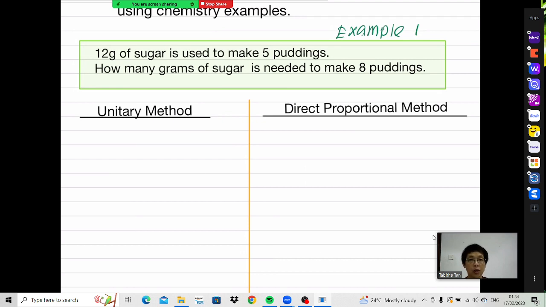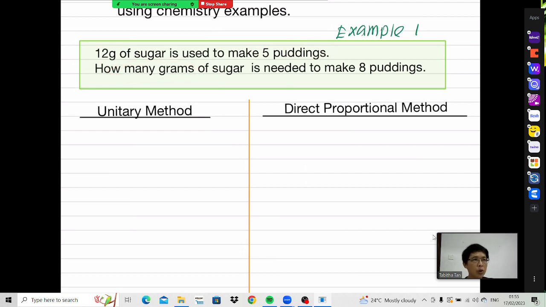No pressure, just take your time to observe and choose which one you are comfortable with. So it was given to us the ratio of sugar and puddings: 12 grams of sugar will produce 5 puddings. The question now is the number of grams of sugar to make 8 puddings.